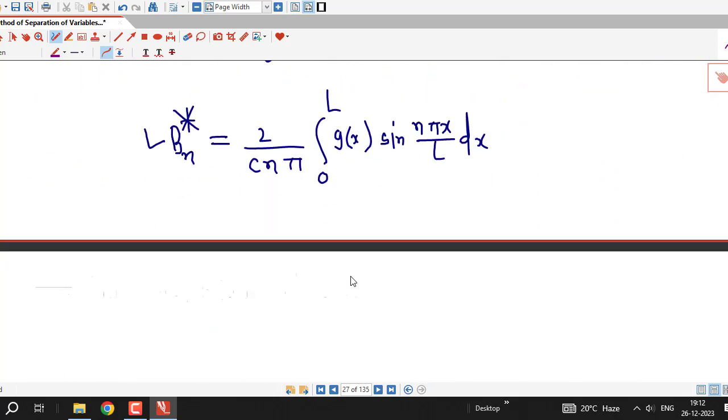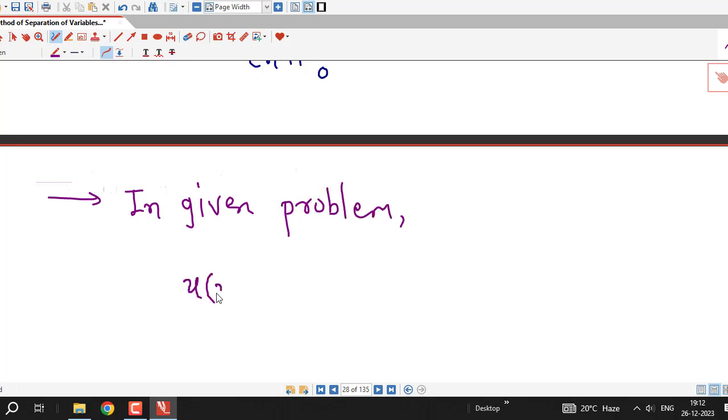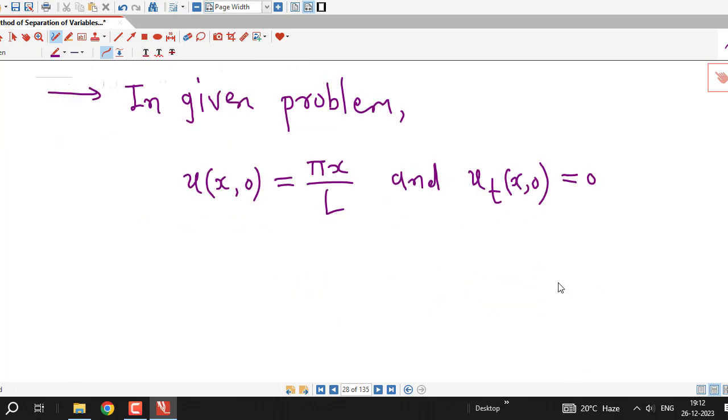So first you have to decide what is f(x) and what is g(x). Here I write that in the given problem we are given that initial deflection is equal to pi x by L and initial velocity is given as 0.